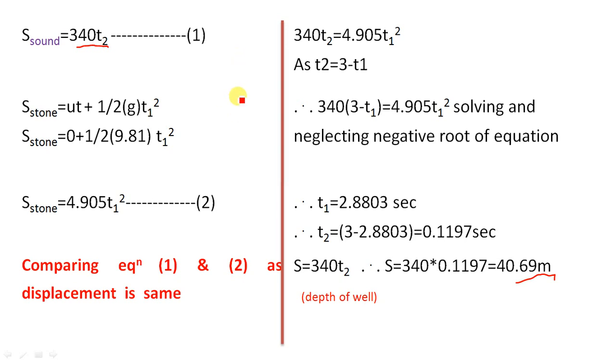In both the cases displacement is same, therefore we can compare this displacement and find out the time required for the sound to reach the observer and the time required for the stone to reach the bottom of the well. After that we find out both the times, and resubstituting that T2 in equation number 1, you will get the depth of the well. Quite simple.